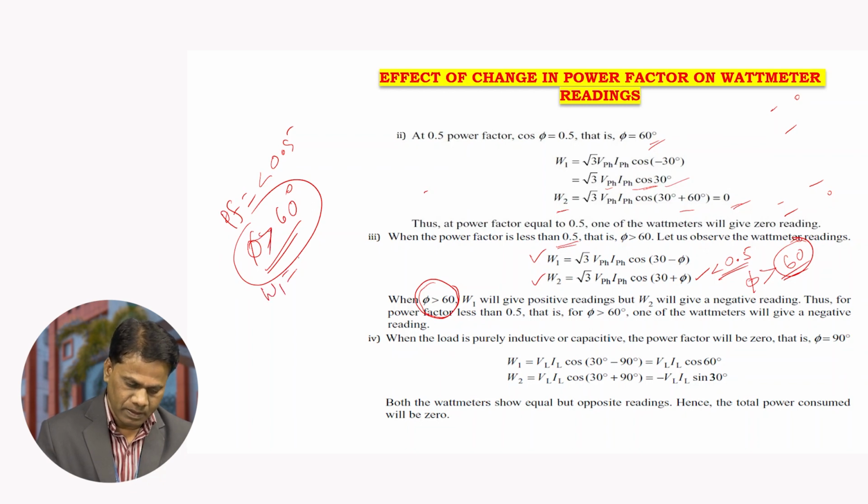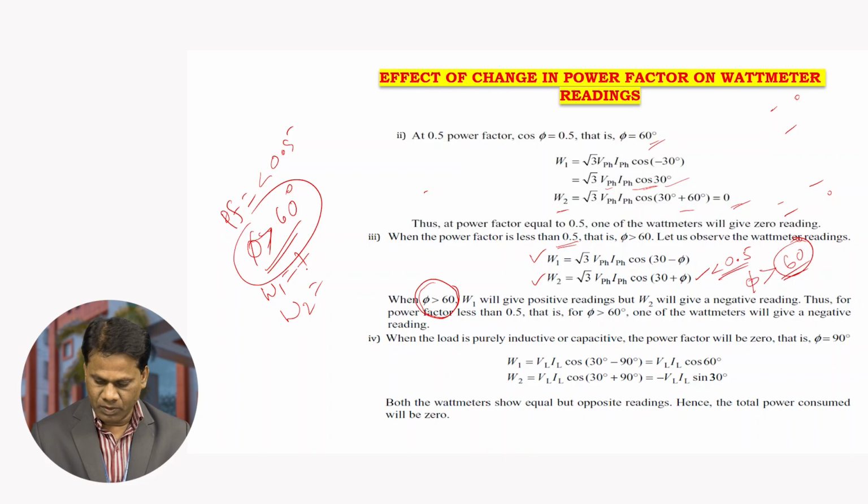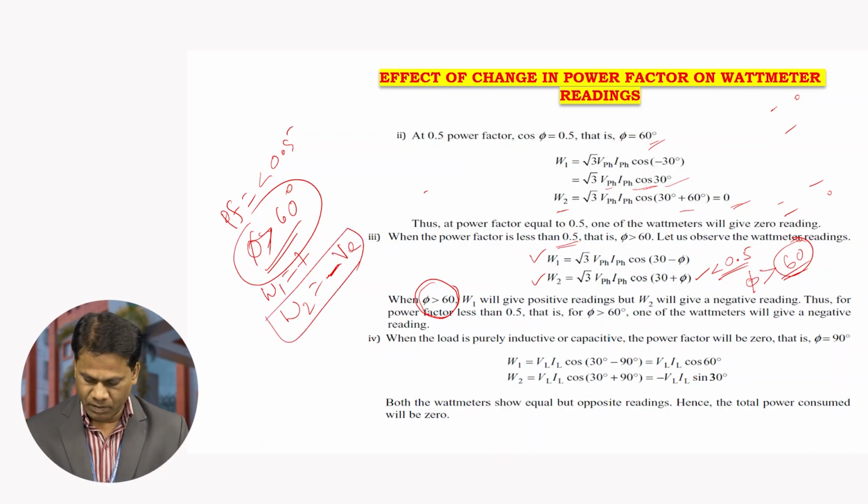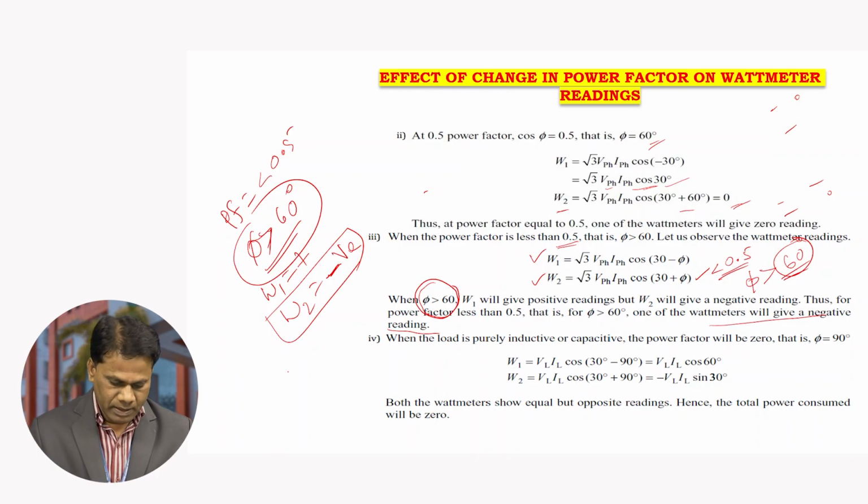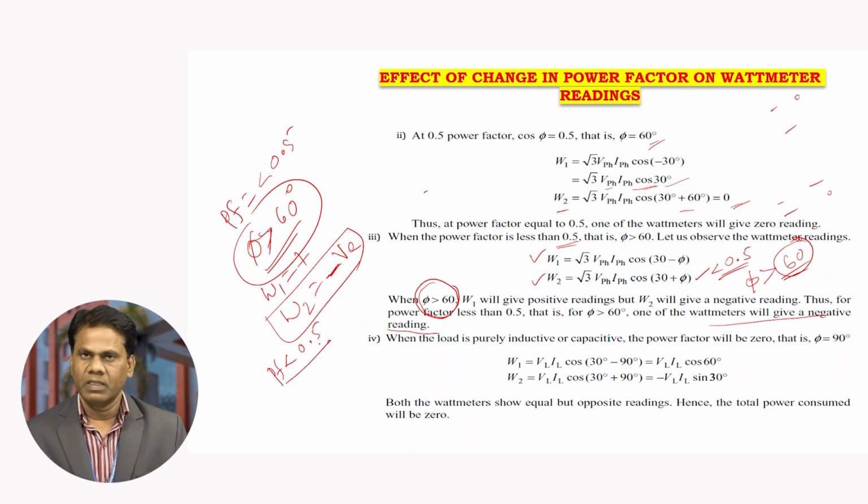For W1 and W2, W1 will definitely give a positive reading, but W2 is giving a negative reading. So that is our observation. One of the wattmeters will give a negative reading. So when the power factor is less than 0.5, one of the wattmeters will give a negative reading.